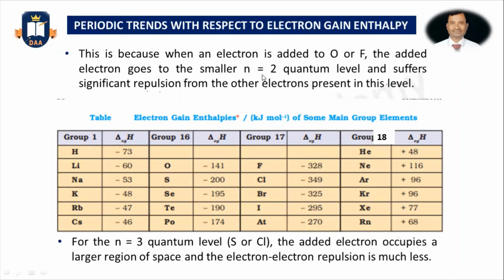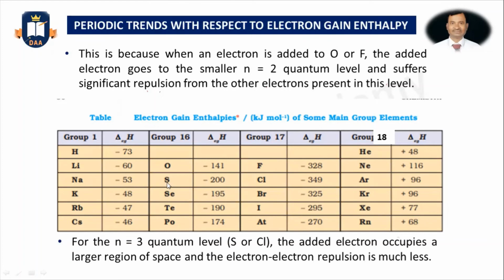In this shell, where the principal quantum number is 2, there is significant repulsion from the other electrons present in this level, because when one electron enters, it will feel the repulsion from other electrons in the shell with principal quantum number 2.